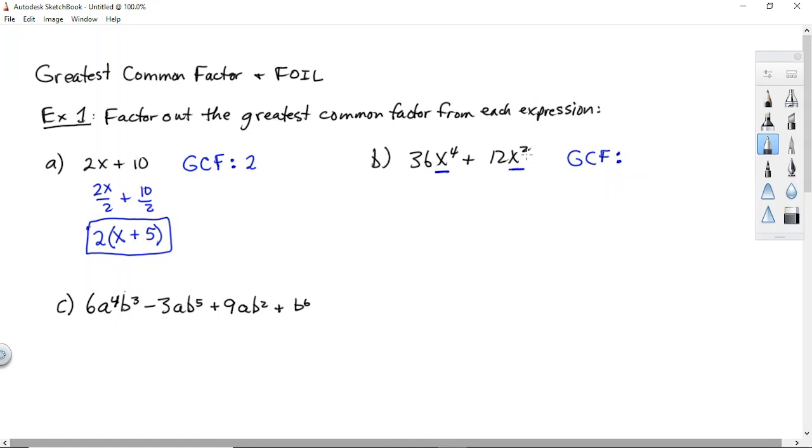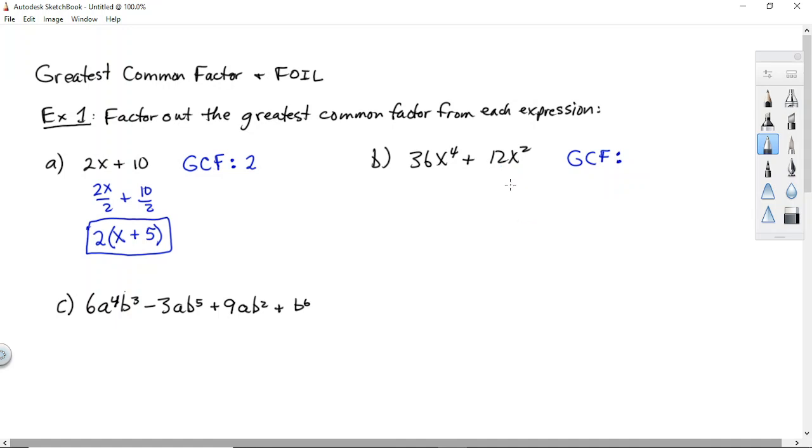So we can factor out x squared from both of them. And as far as the number goes, we see the smaller number is 12. So we ask ourselves, can we factor out 12 from the other number? And we can. 12 does go into 36. So 12 will be our greatest common factor.